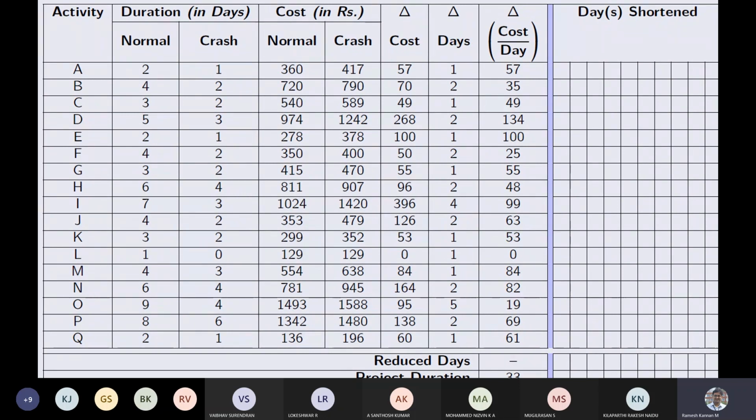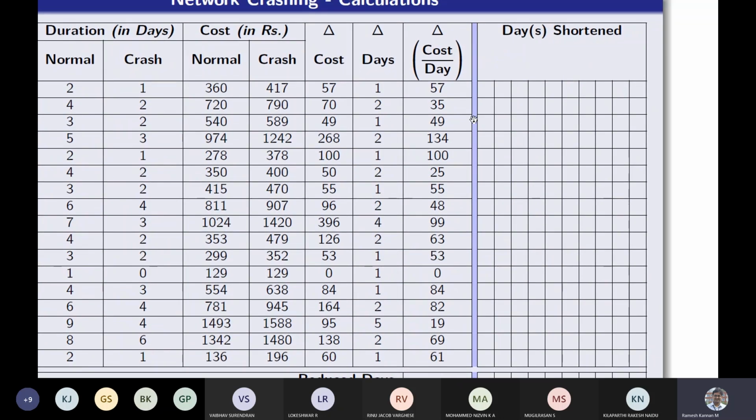First is the activity, then the duration, normal and crash, then cost, normal cost and crash cost, then the difference in cost and difference in duration, and then the cost slope, the change in cost divided by the change in days. It will be trial and error, so you can keep on increasing the number of columns. That will be very useful when you do this kind of large computation.